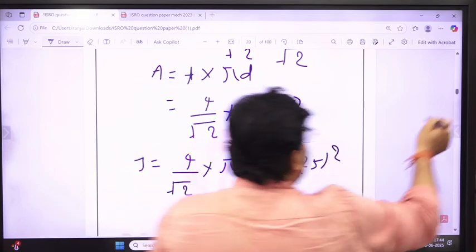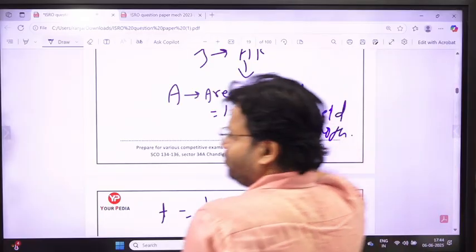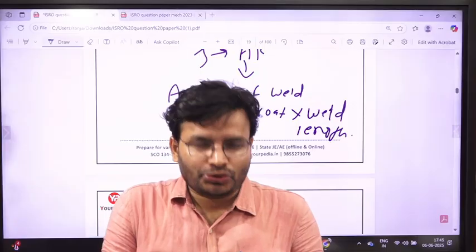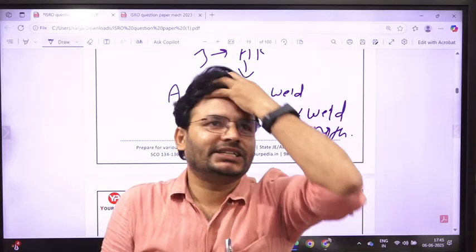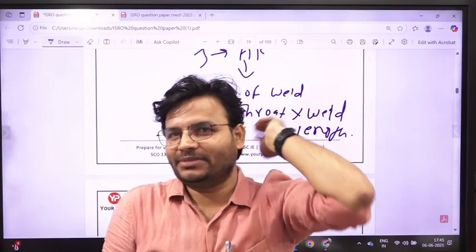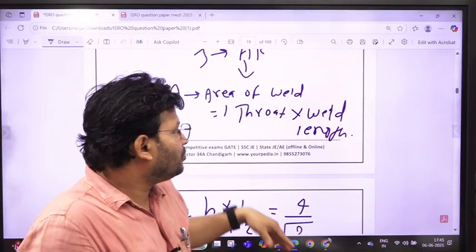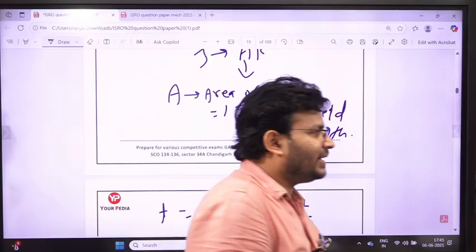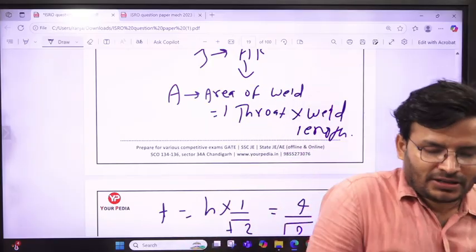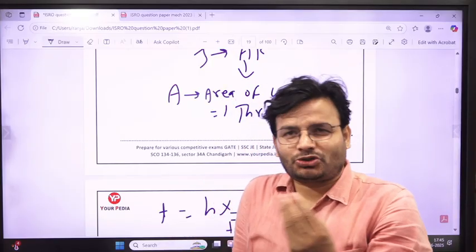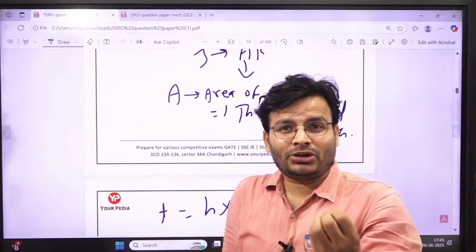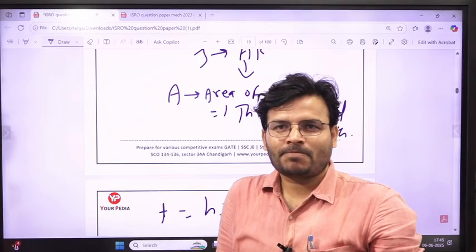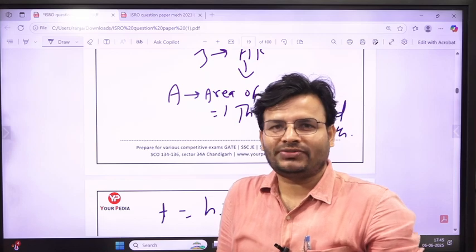Now put that value. See my dear friends, in this question there is a lot of calculation. Without a calculator, it will be very tedious to solve the next step. I used to say work a little on your calculation speed, because in GATE or in college days, all engineers get habituated to using calculators.